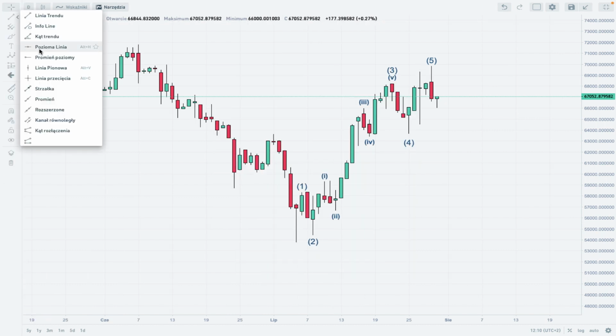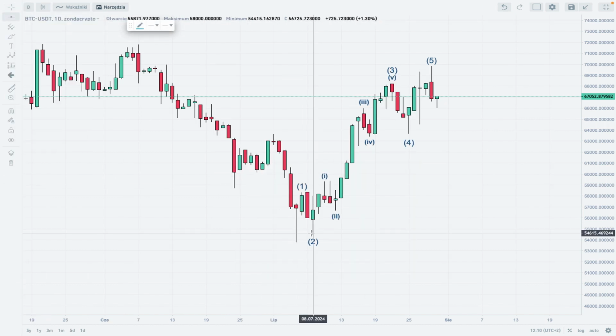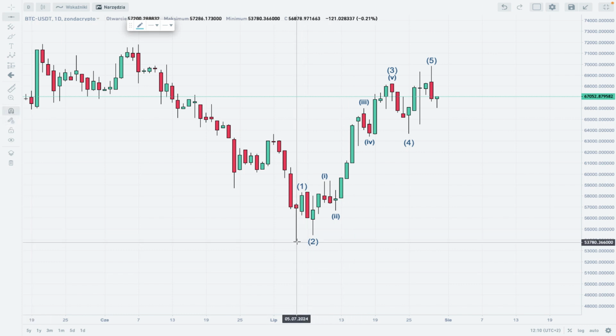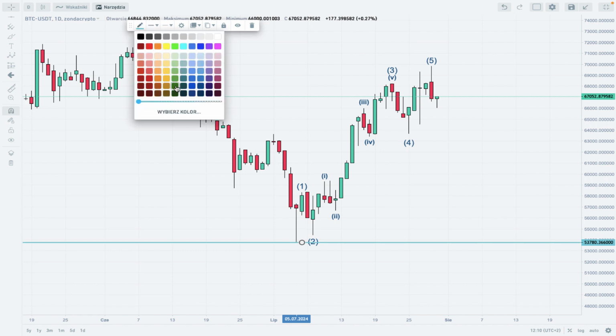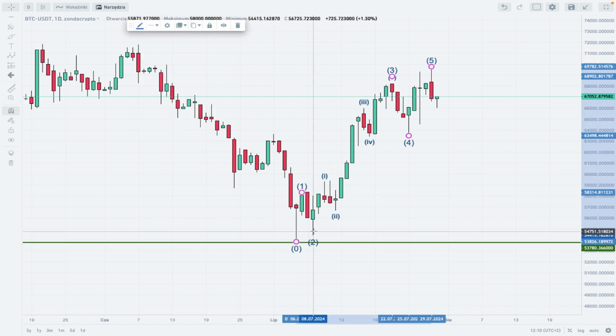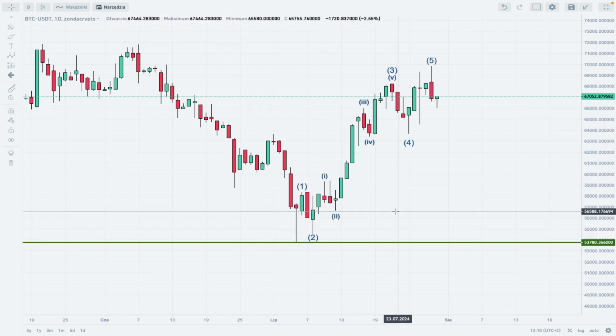Let me do the lines now, the technical supports, and of course resistance. So the first major one, 53,780. So this is the major one. So let's just do this. Okay, that's the situation with the support. Let me move this one so we can know clearly what is going on.